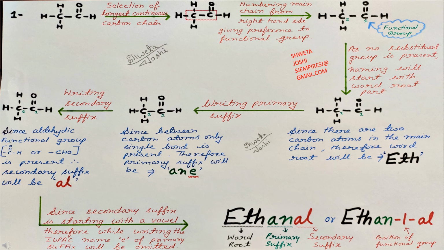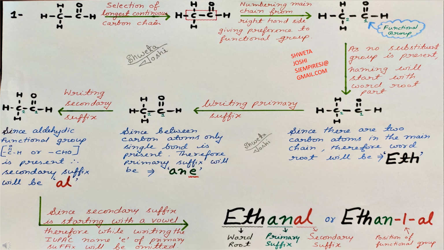So after selection of this main chain having 2 carbon atoms, we are going to number this chain. Since in this case functional group CHO is present, we are going to number the chain from the right hand side. In our naming, first part is prefix, but since no substituent group is present, we are going to skip that part.